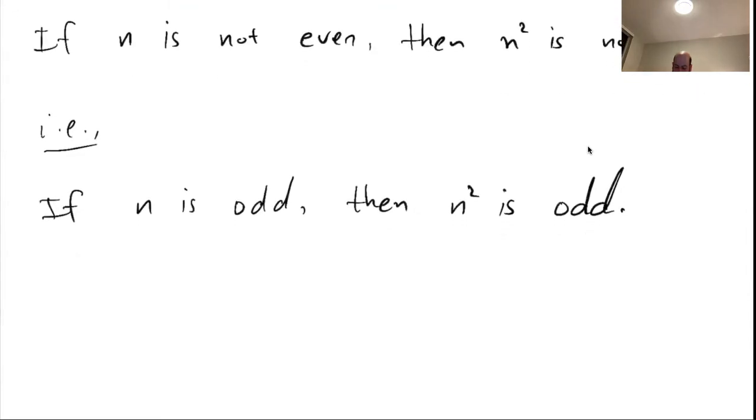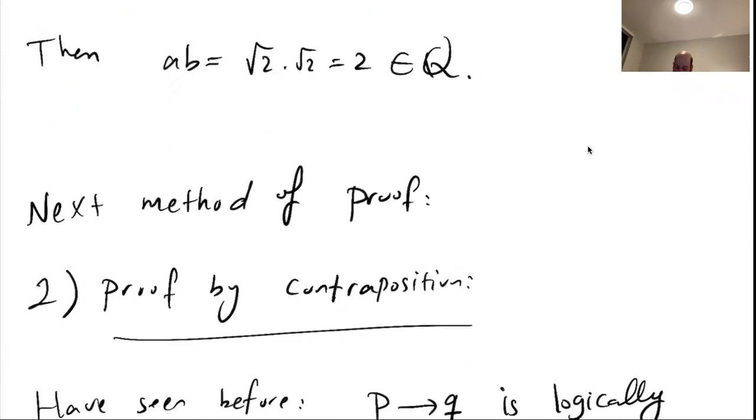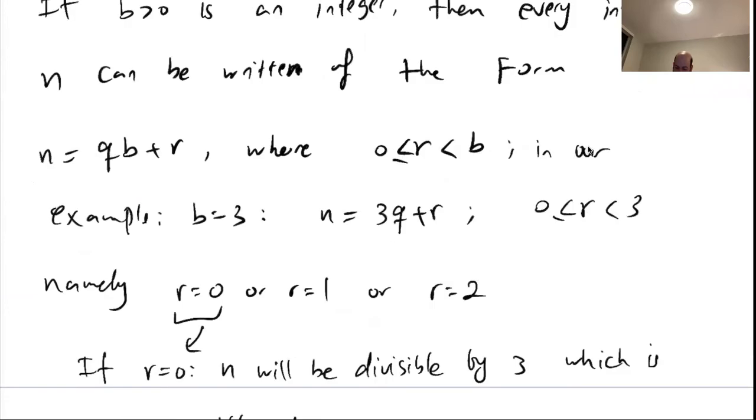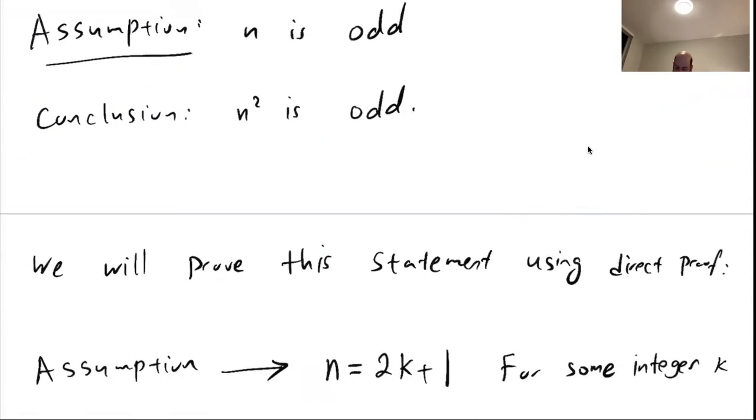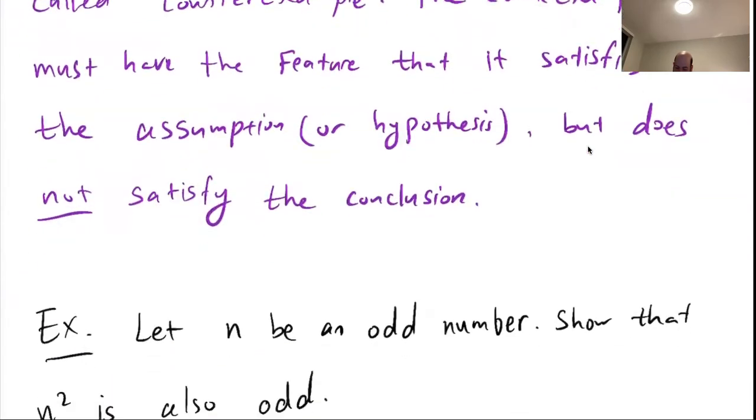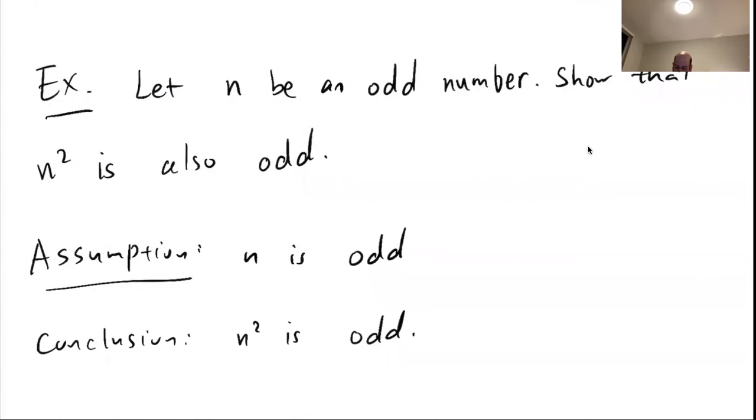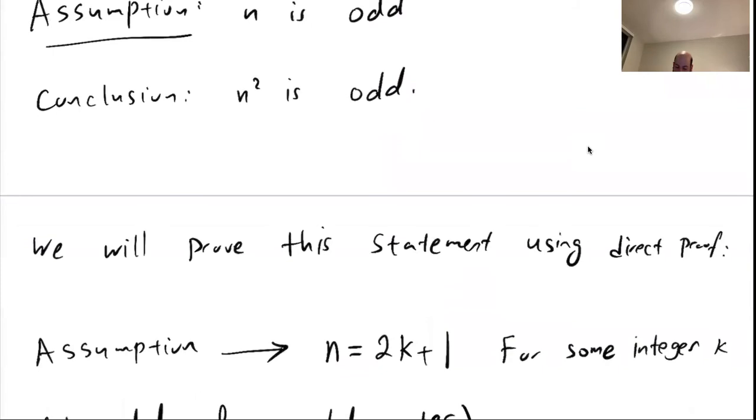So let me repeat the proof quickly. This is the example we did: if n is odd, then n squared is odd. So we already proved this.